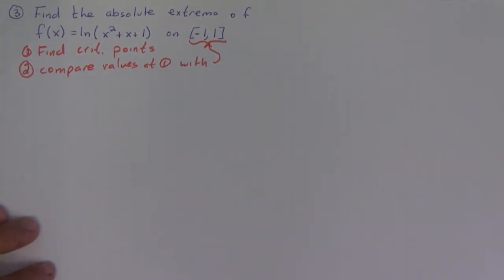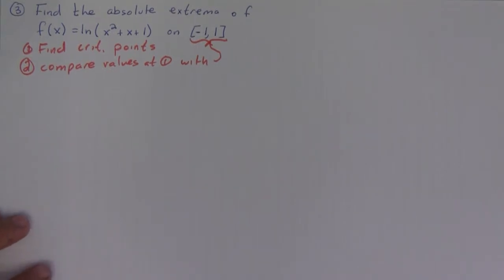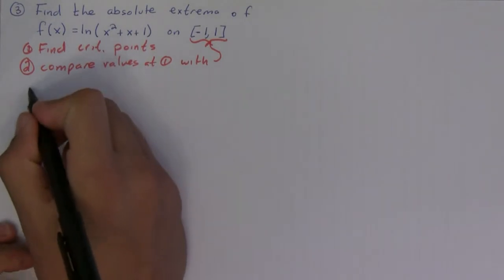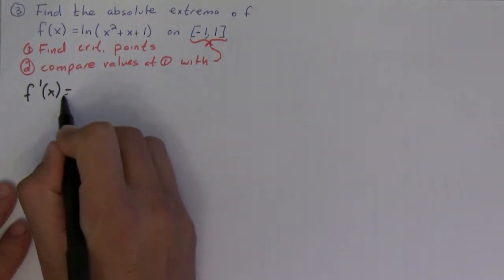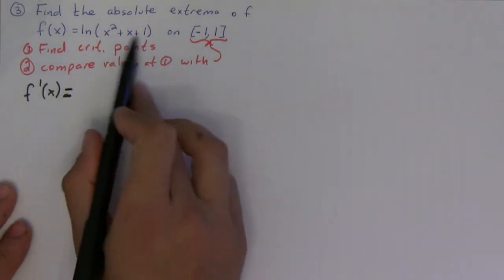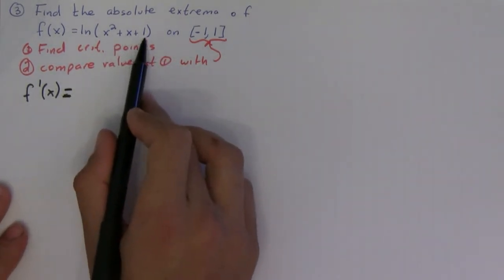Okay, so the first thing we need to do is to find the first derivative, because that's going to give us the critical points. So for the derivative of the natural log function, we have to use the chain rule because we have x squared plus x plus 1 inside.